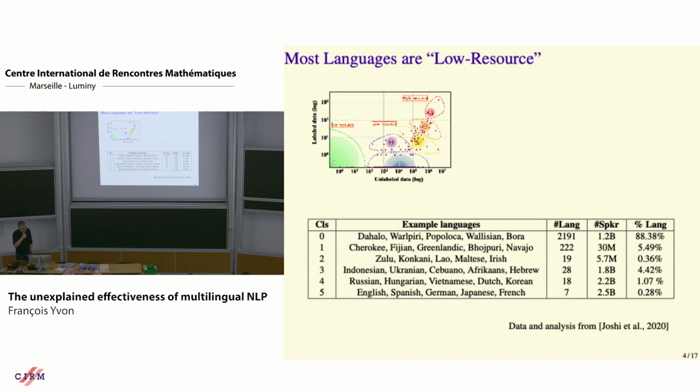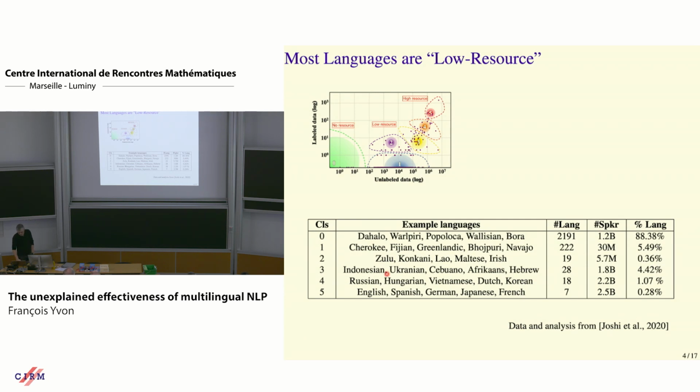So just to illustrate languages in each of the clusters that you've seen on the previous slide. Of course the high-resource languages, so cluster 5 is here, containing the usual suspects: English, Spanish, German, Japanese, French. We have a lot of unlabeled data, and we have a lot of labeled data for these languages.